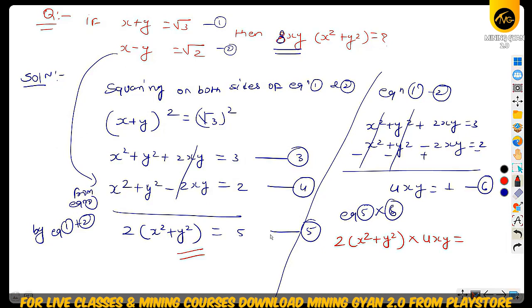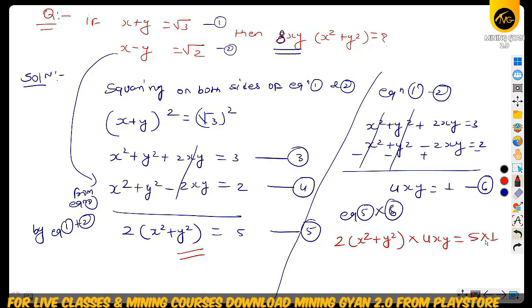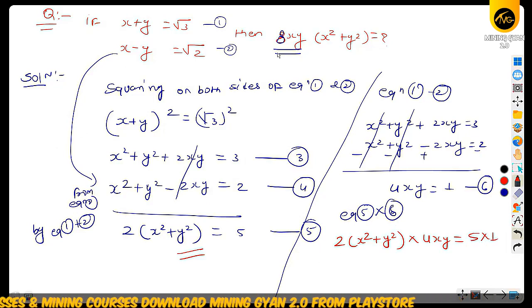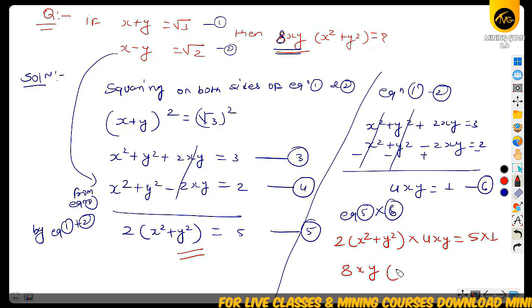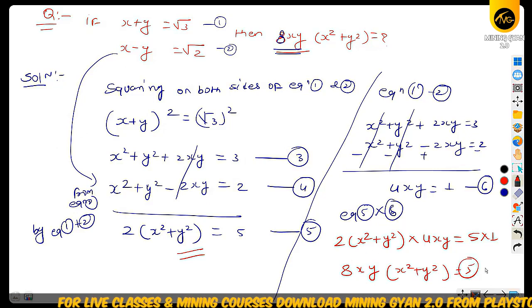On the other hand side, 5 into 1. So 8xy into x square plus y square, we have the second portion in the question, is equal to 5. So answer is 5.